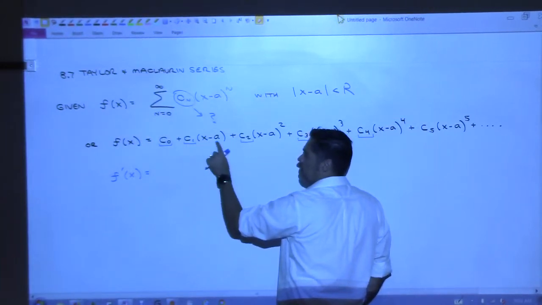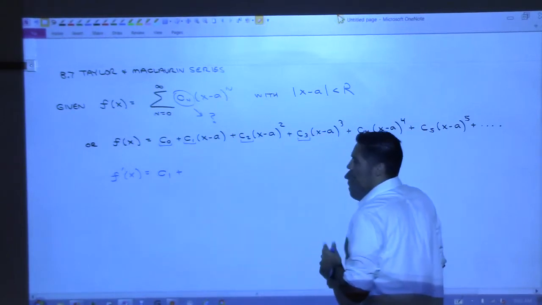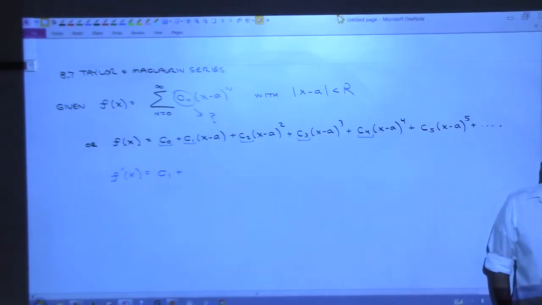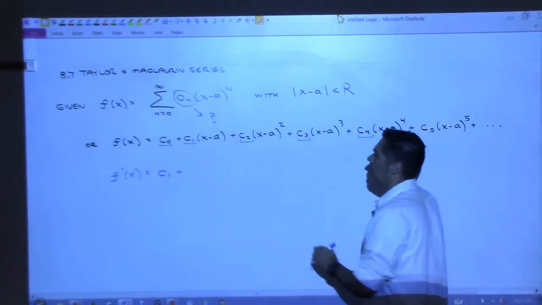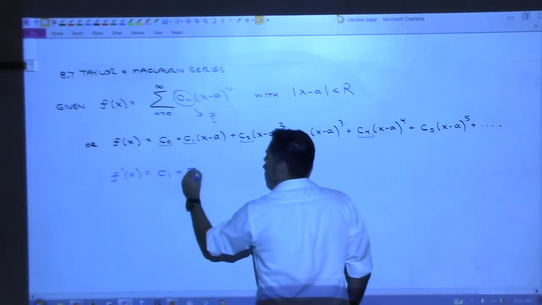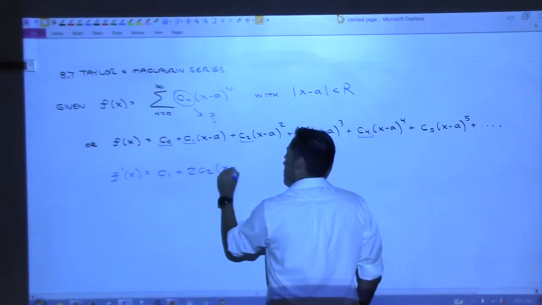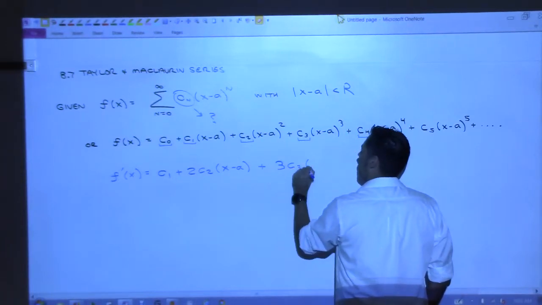Derivative of this? 1. Okay, so we get c sub 1 plus, now we did this last class. I was showing you, we came up with a formula for the derivative, didn't we? Okay, but that's not quite what we're doing here. What about this one? When I take the derivative here, 2 comes out, c sub 2, x minus a, right? I'm going to do a couple of these because you need to see a pattern here.